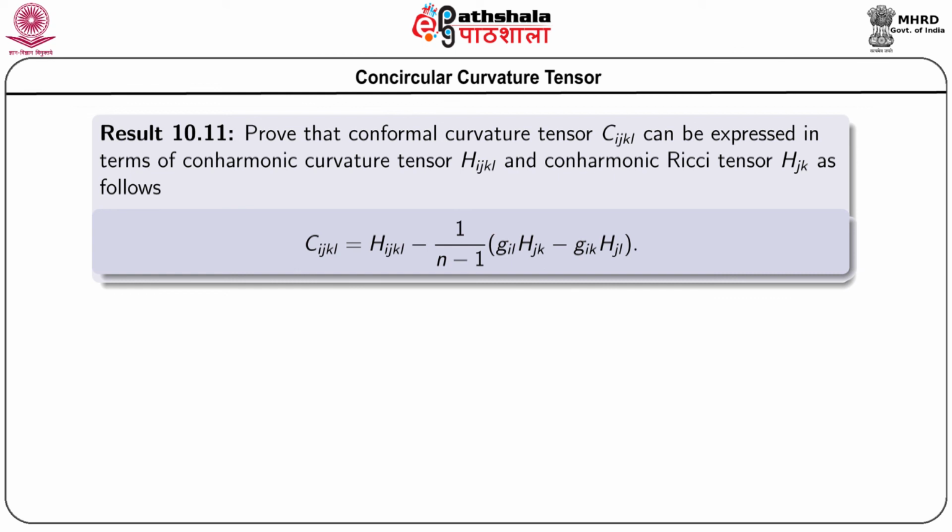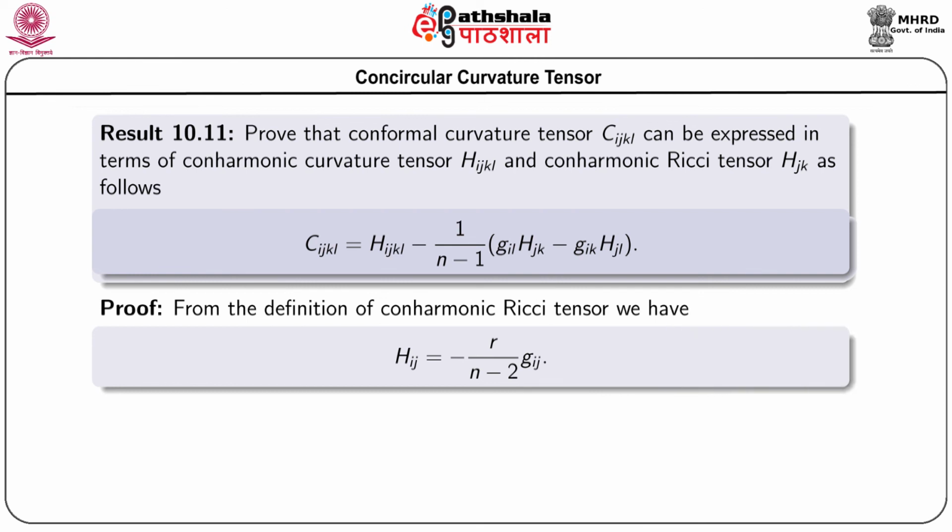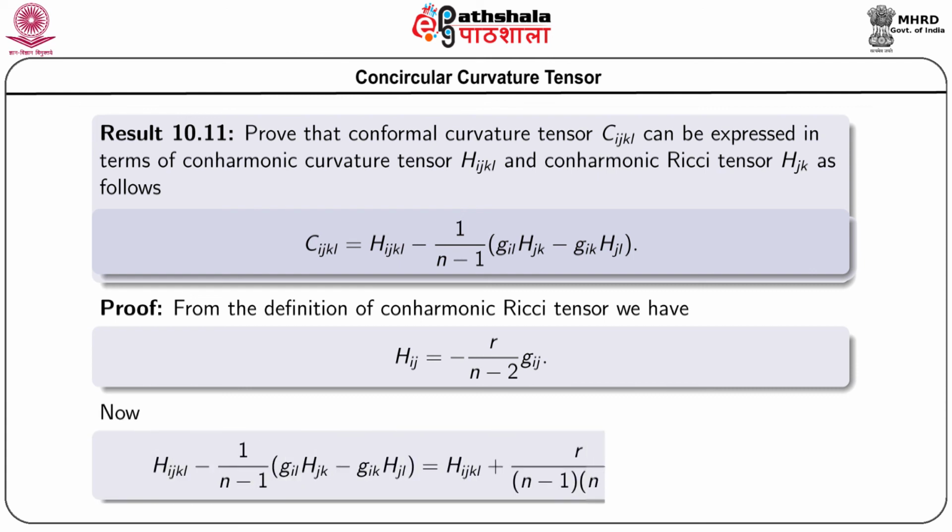From the definition of the conharmonic Ricci tensor, we have this expression H_ij equals minus R by n minus 2 g_ij. In the previous slide we got this expression. Now, putting the values of this one, we get this expression.